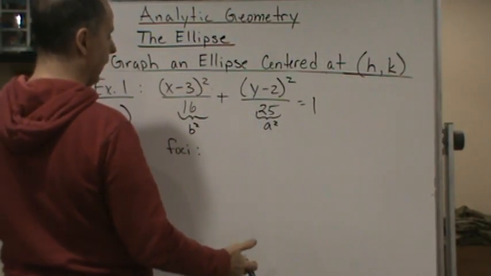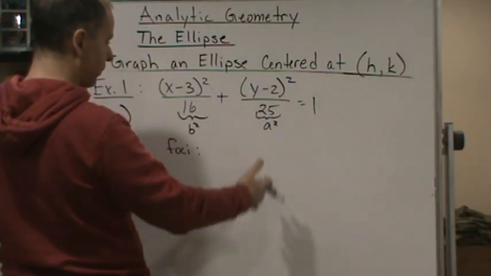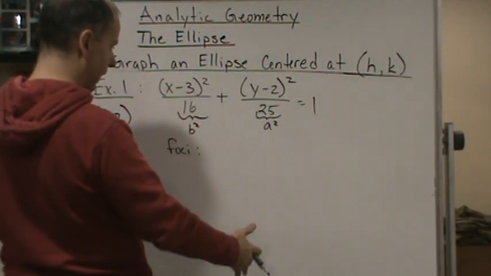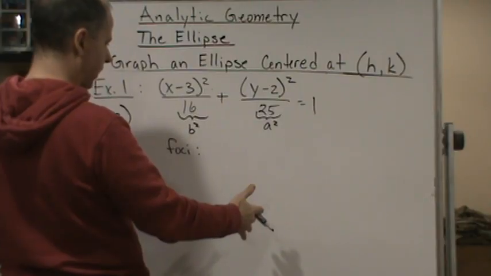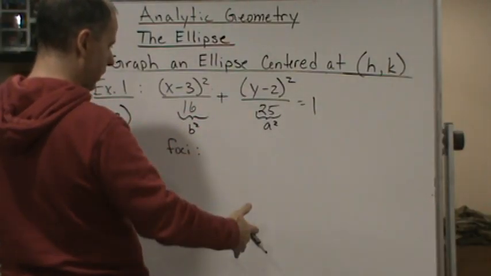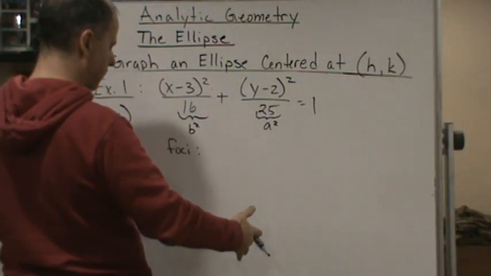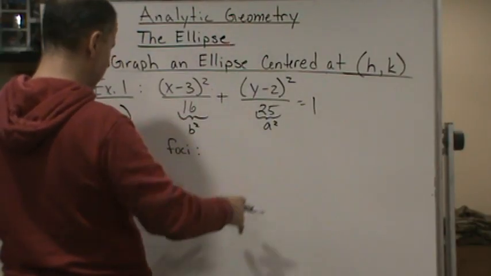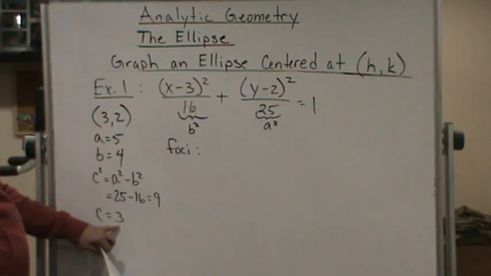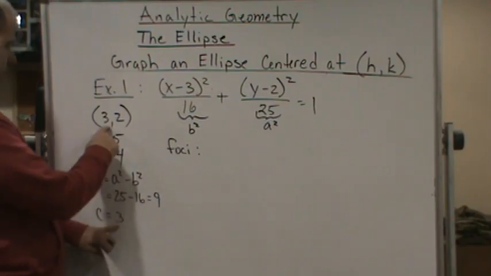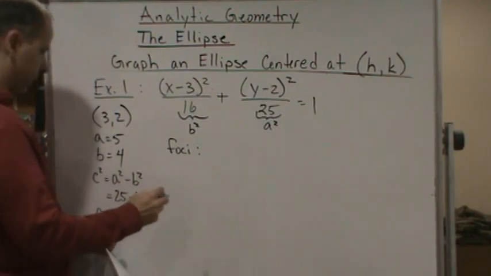So that means what? The x value of the center is not changing, right? The x value is not changing because it's on the center with respect to x, but the y values are changing. So we're going to add and subtract 3 from the y value, okay?